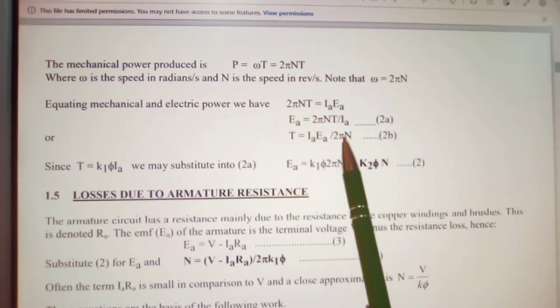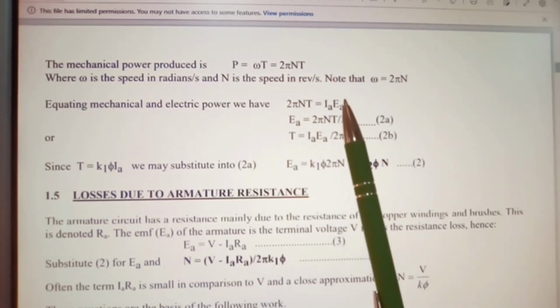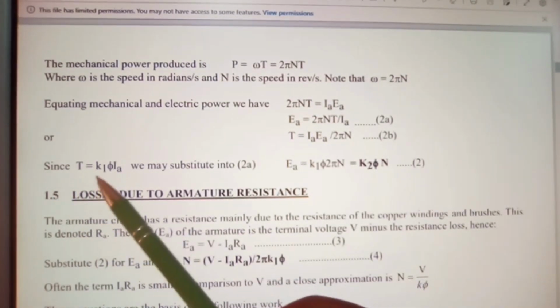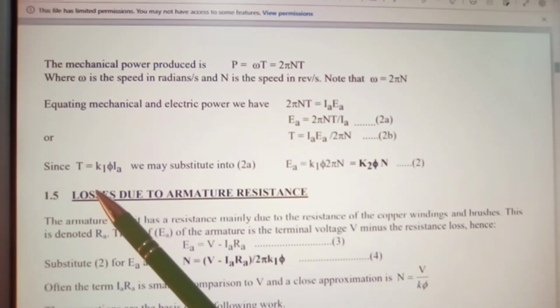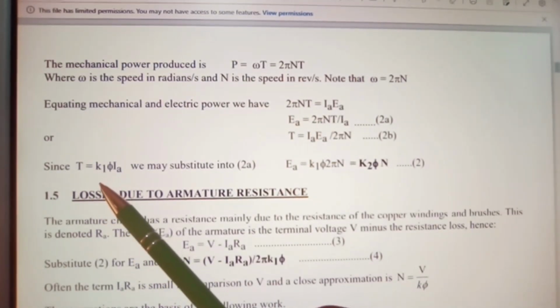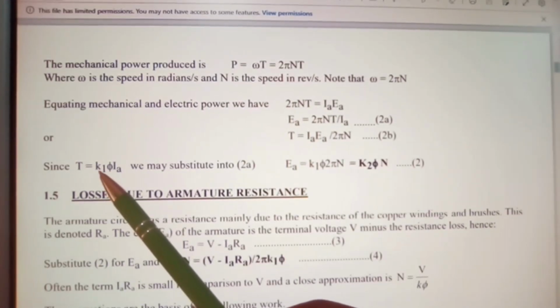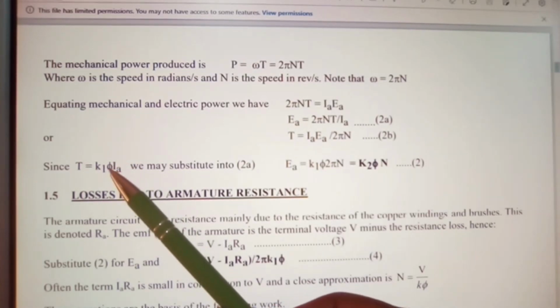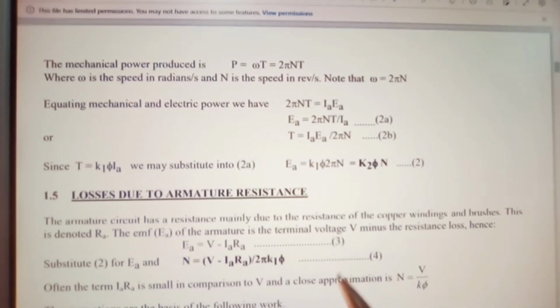And you should know the value of pi by now. Since T equals K1 theta IA, let's just call it K1 for now, we may substitute into 2A.